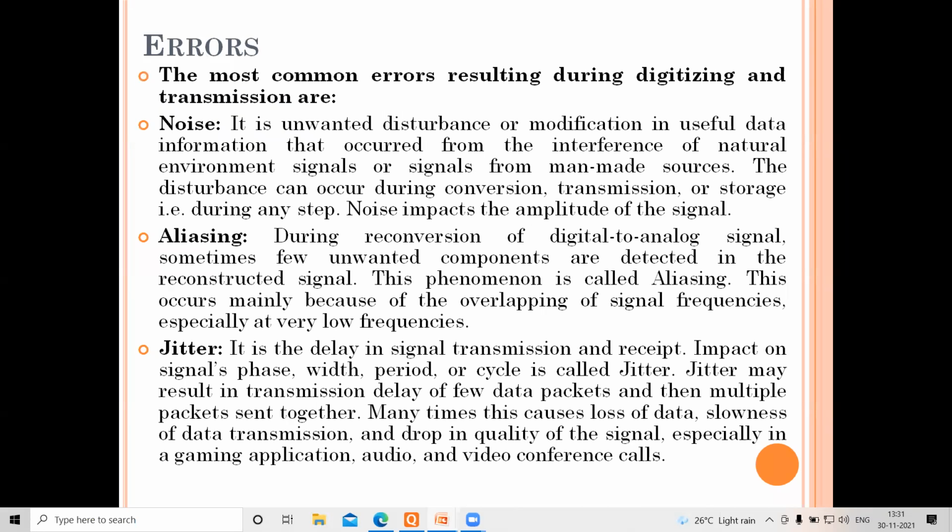The next very important thing is the errors. I already spoke of aliasing. Noise, as I already said, is a disturbance or modification in useful data. That occurs because of some reason. It can be because of the environment. Across the channel, some noise may be induced when we are transmitting.